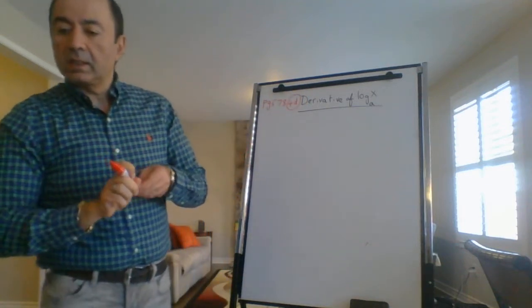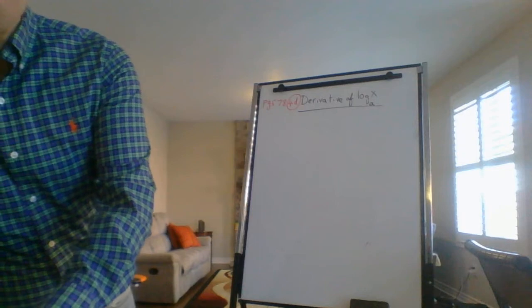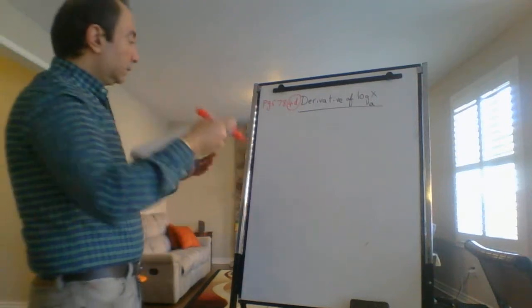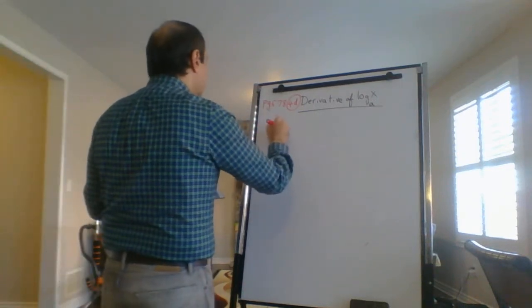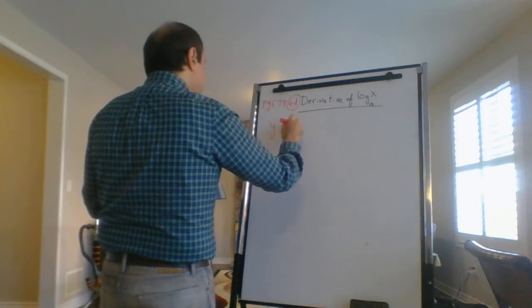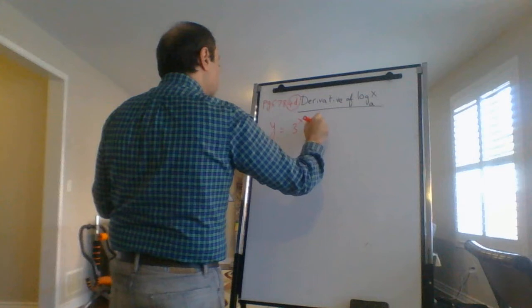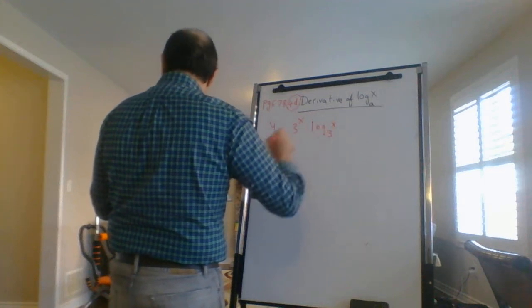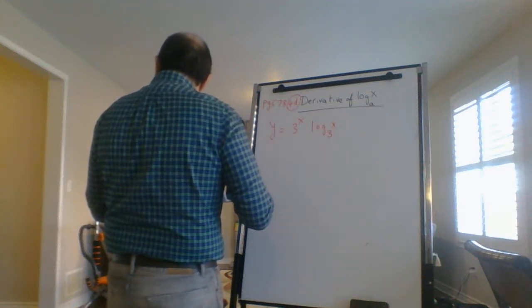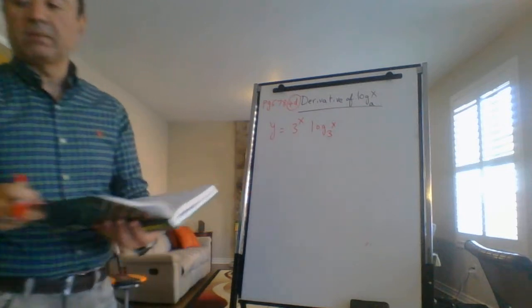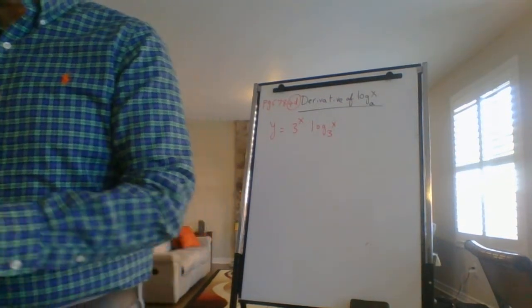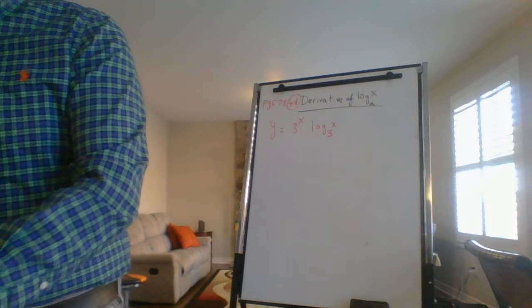Question 4D says y equals 3 to the power of x times log x base 3, and we need to differentiate, means we need to find the derivative, or we need to find dy by dx.